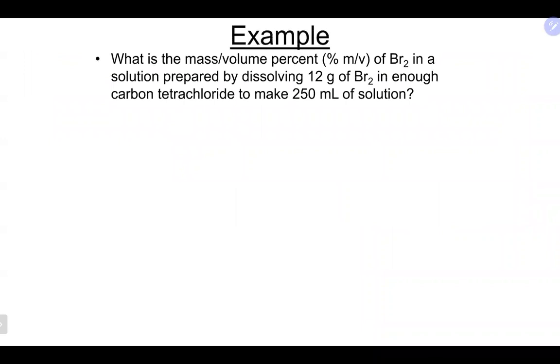Let's take a look at one here. What is the mass to volume percent of Br2 in a solution prepared by dissolving 12 grams of Br2 in enough carbon tetrachloride to make 250 milliliters? Okay, so we're looking at the percent mass to volume here. That is the mass of the solute divided by the volume of solution times 100%.